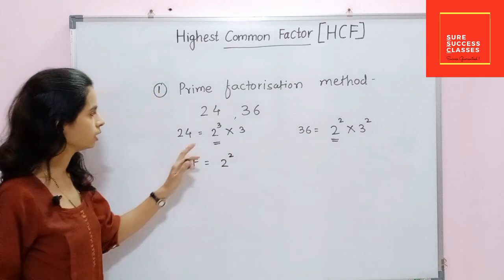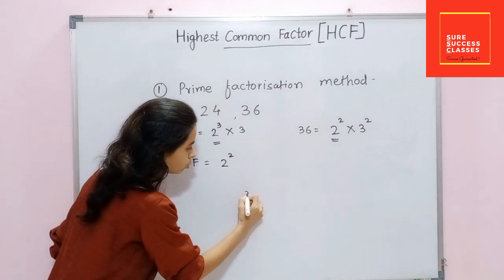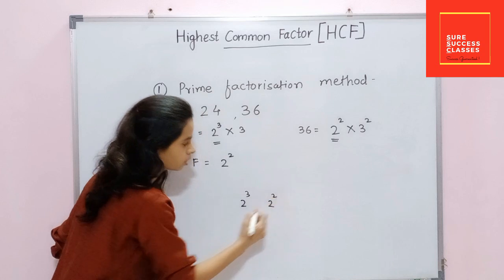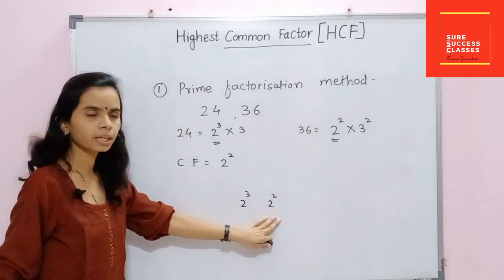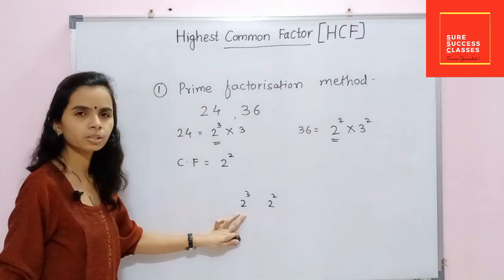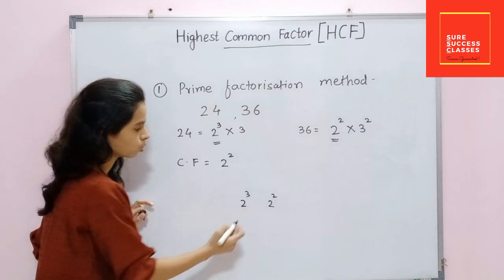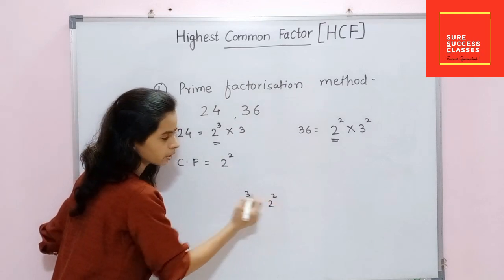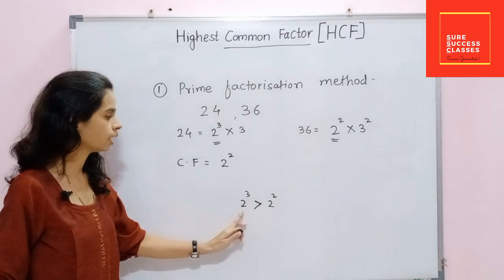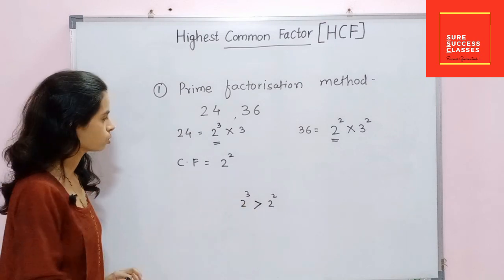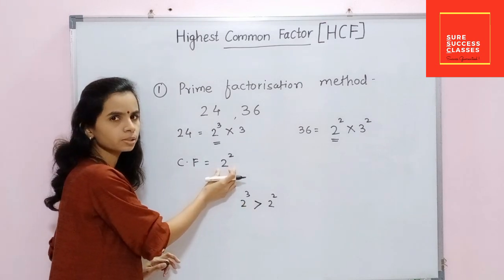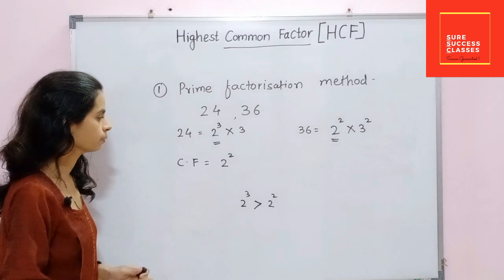We can easily see here 2 to the power 3 and 2 to the power 2 means 2 is multiplied 2 times and here 2 is multiplied 3 times. So 2 to the power 2 is smaller than 2 to the power 3. So we will take the smallest power of this prime factor.